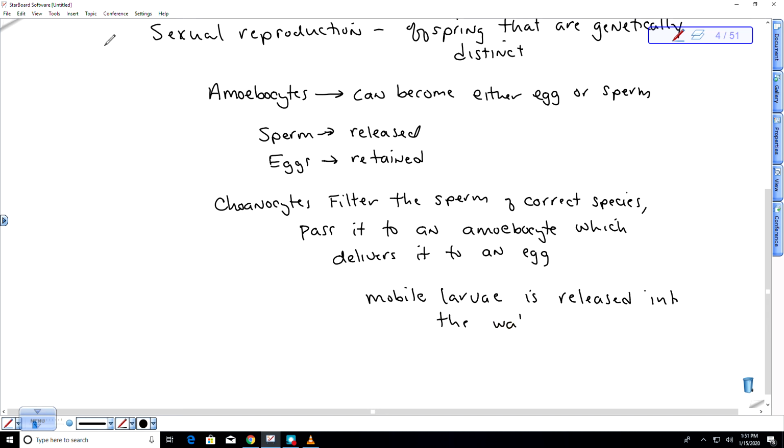And this is very characteristic of an animal life cycle in that the sexually produced larvae are mobile. They can swim, right? And the reason why is that they can swim into an entirely new environment, settle down, and then become sessile, right? They can become sedentary once they've gotten into the right environment. So this means that they can swim out into new environments.